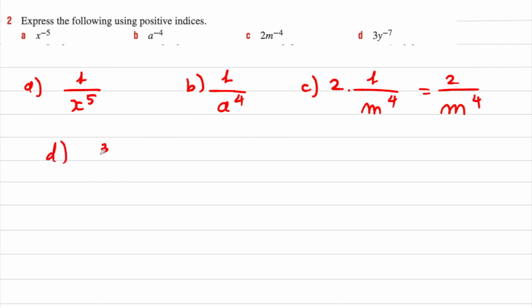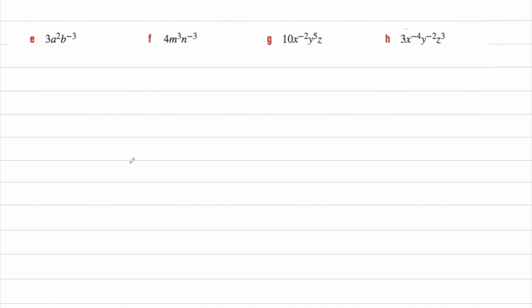Question D, this is 3 and y to the power of 7. Question E, you have 3 is normal, a squared is normal, only b to the power of minus 3.